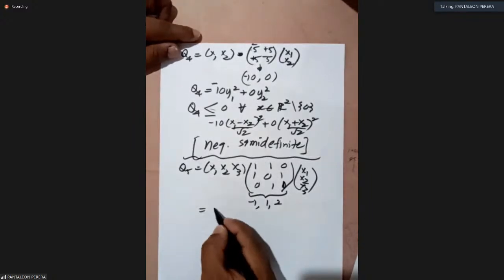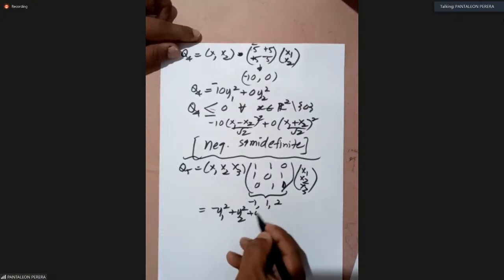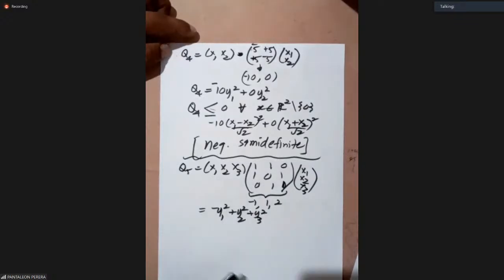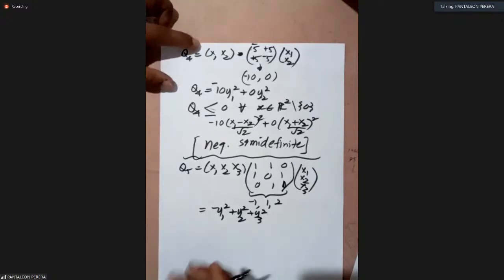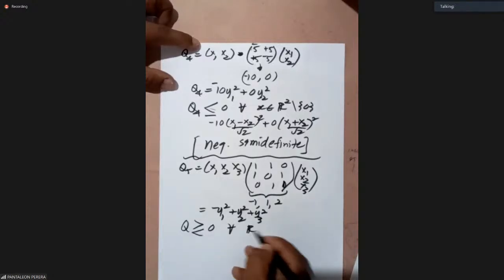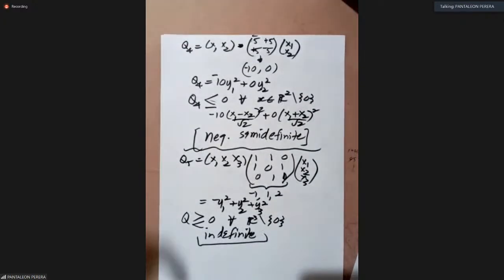Now, if you write this, you get -y1 squared plus y2 squared plus y3 squared. If y1 squared is less than these two, it is positive. If this one is greater, this is negative. So it can be anything. So it's called indefinite.